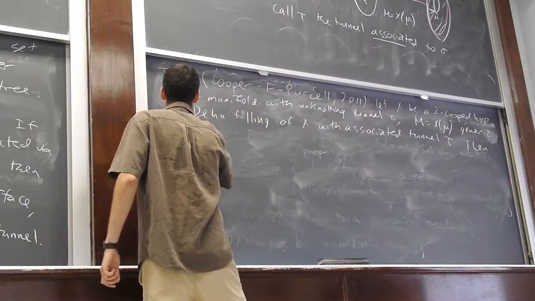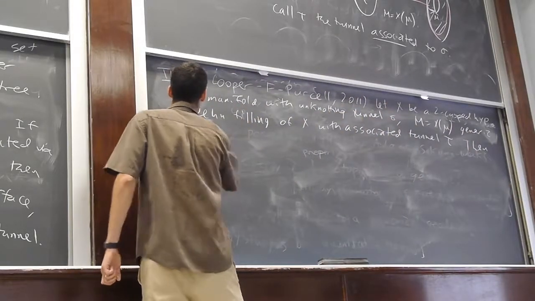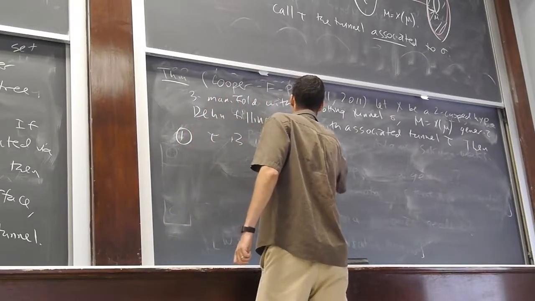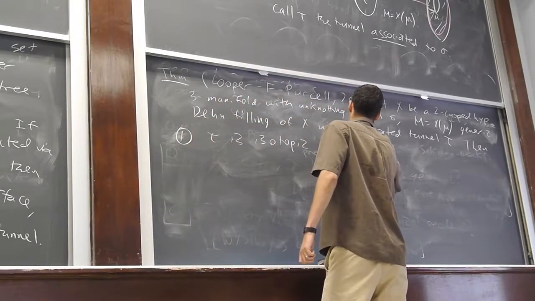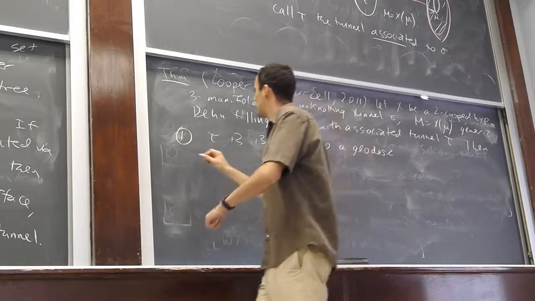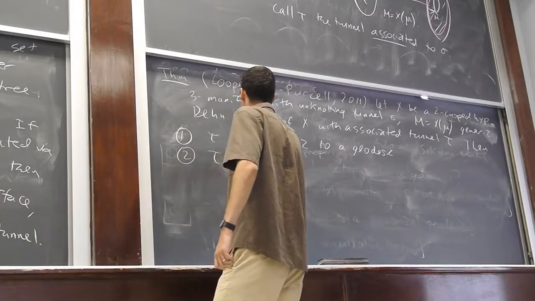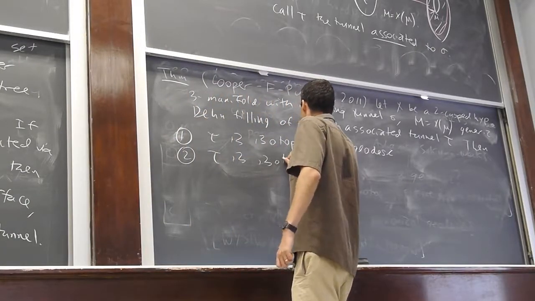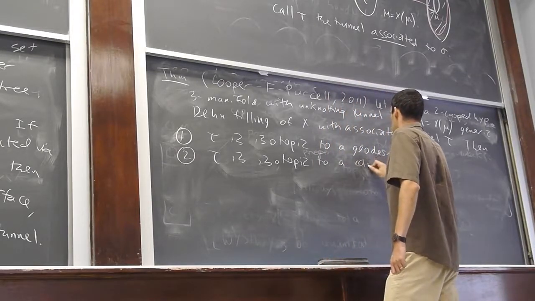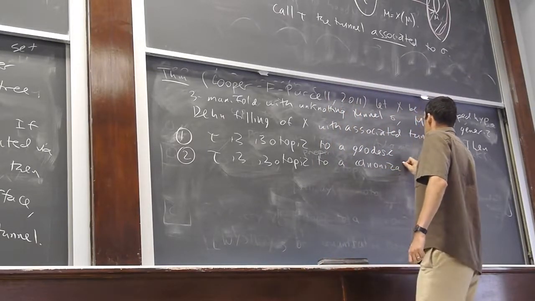One, tau is isotopic to a geodesic under these hypotheses. And second, tau is isotopic to a canonical geodesic.